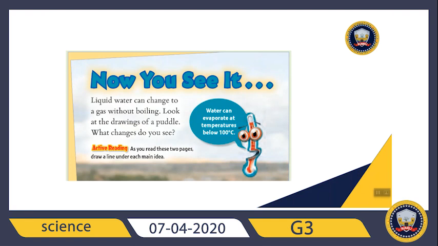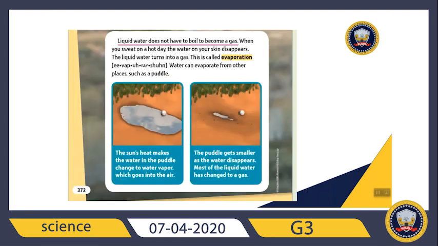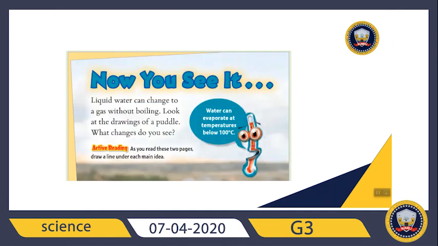Now guys, we understood that. What are condensation and evaporation again? By looking at our page 372, we will see this topic. Now you see it. Liquid water can change to a gas without boiling. Look at a drawing of a puddle.